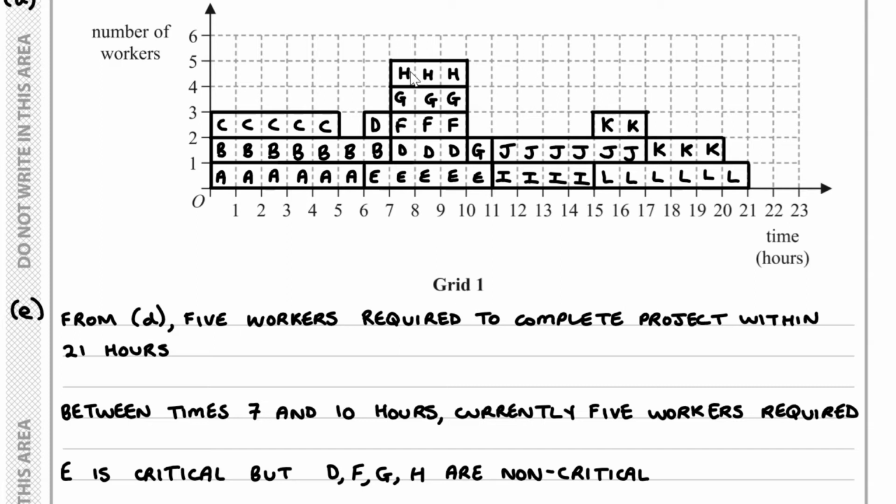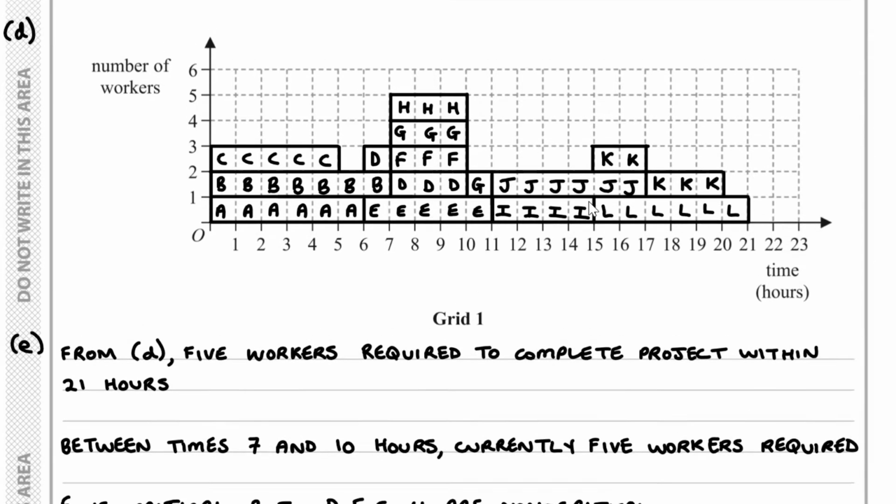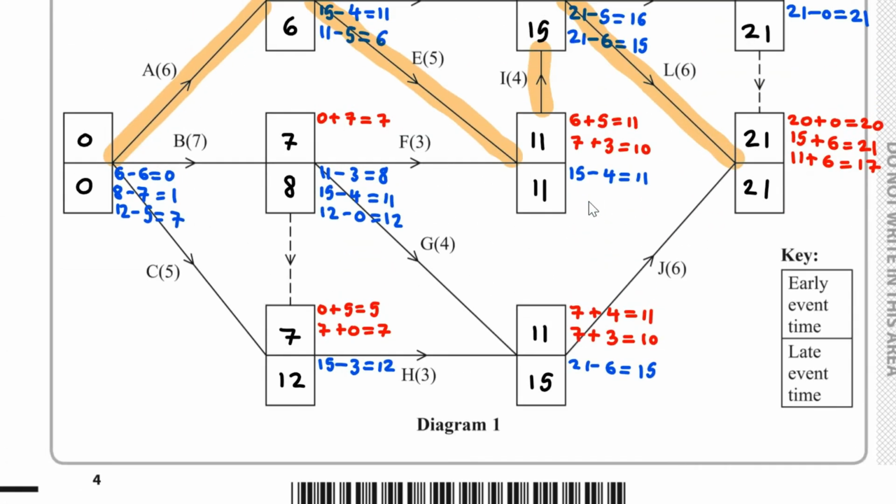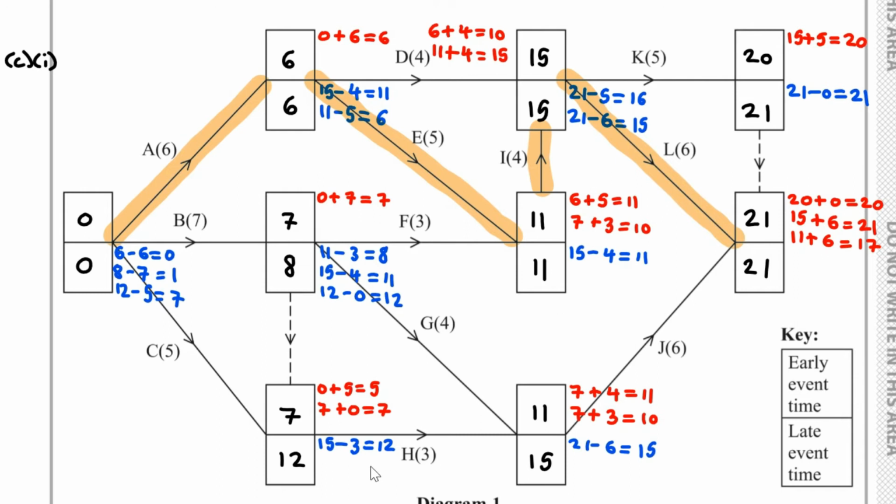Now, if I somehow start H at 10, then I would use 4 workers, but we have to see if this would affect the other activities and in turn affect the completion time. So let's go back to this diagram here. You can see the latest H can start is 12, and what we're saying is we want to start H at 10. So clearly this is allowed.